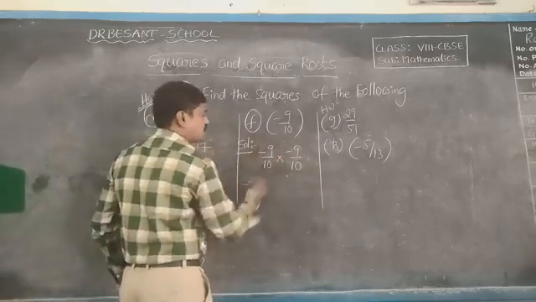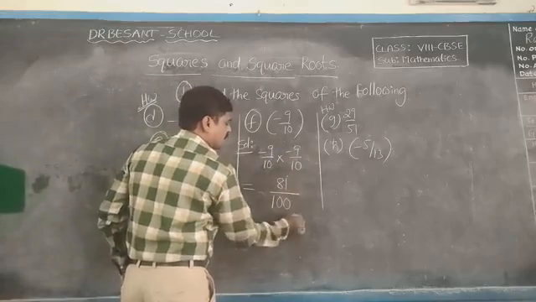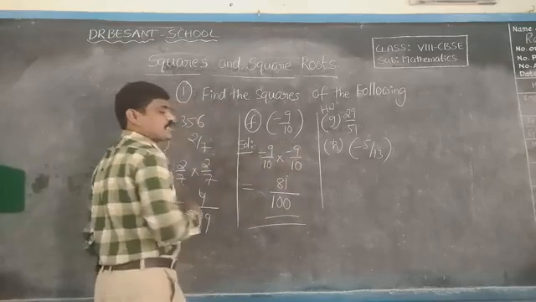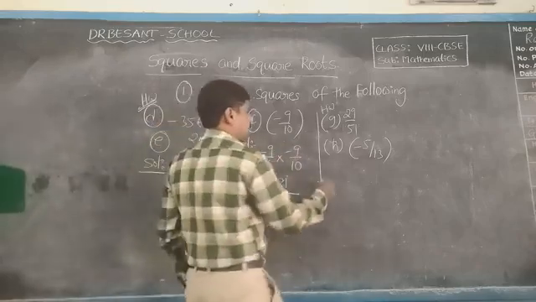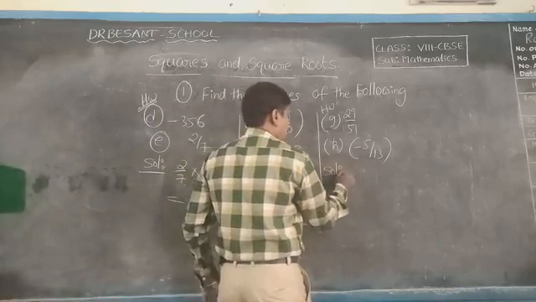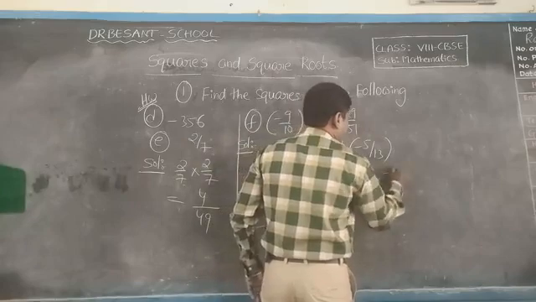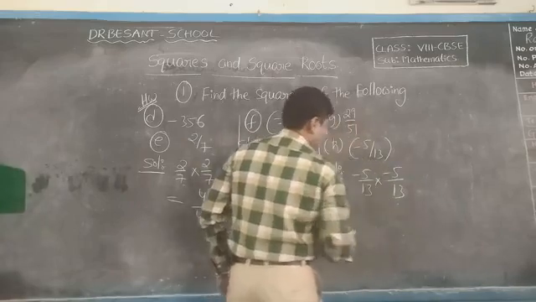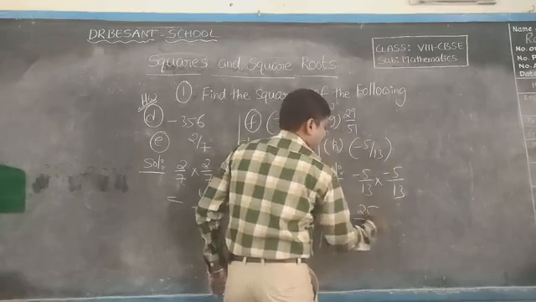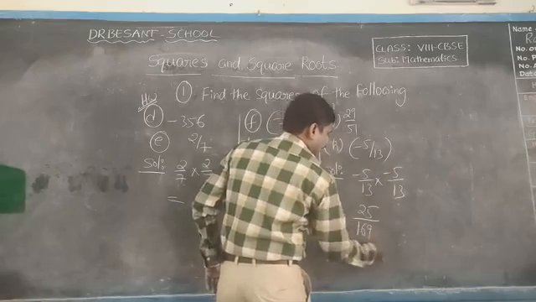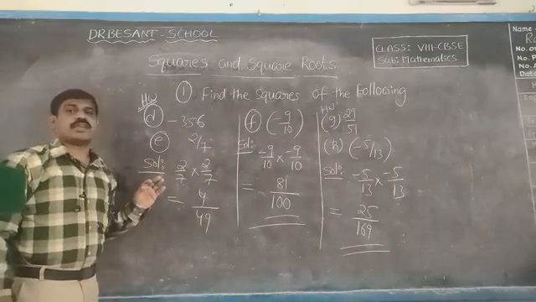Minus into minus is plus, 9 nines are 81, 10 tens are 100. Next, minus 5 by 13 into minus 5 by 13. Minus into minus is plus, 5 fives are 25, 13 thirteens are 169. So like this we can do this.